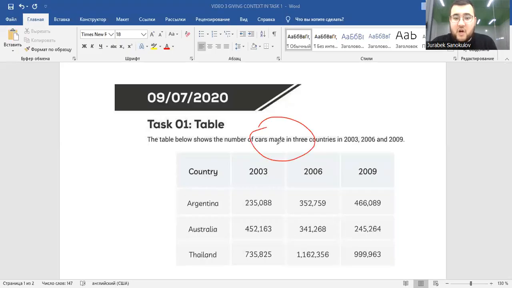The number of cars made in 3 countries. So instead of made, you could have used made, of course, but to spice things up and make it more interesting, you can use its synonyms such as manufacture. You can manufacture a car. You can also produce a car. You should add these things in your sentences.